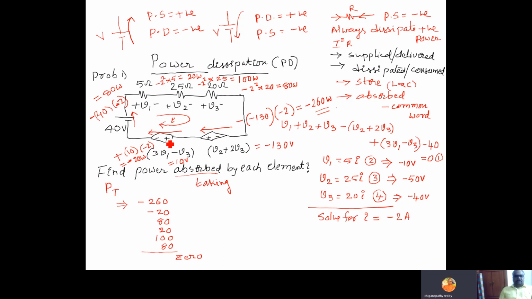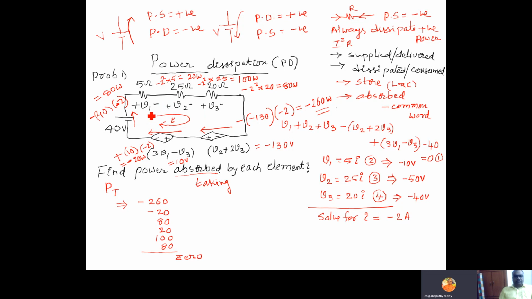Dependent sources are supplying, the independent source is absorbing. It's the greatness of the author who created the problem. He designed the problem such that dependent sources supply power and the independent source absorbs. Practically it is also possible, and without this source they cannot supply because they are dependent, depending on V1, V2, V3, which depend on current.